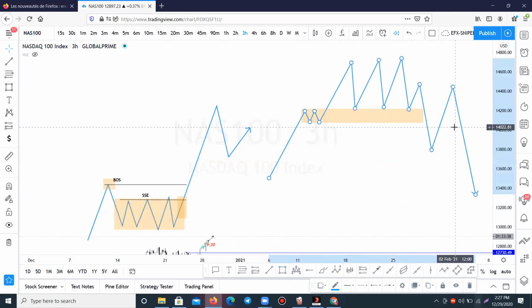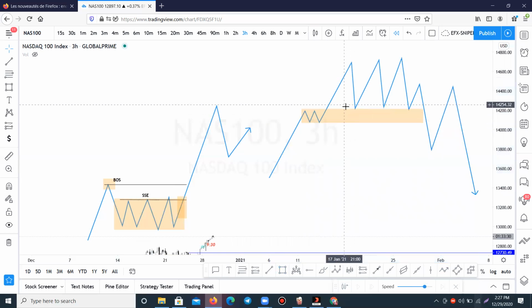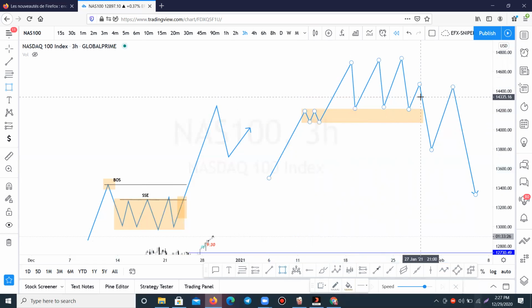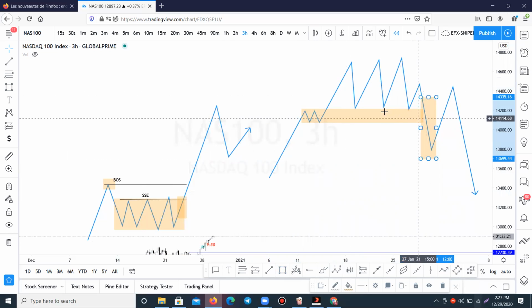In short, I consider the SDE as another sort of break of structure. So when SDE breaks this area, then this movement, the one we have here, the one that happened on this zone here, that is the one that engulfs this area. That is what we call a break, this one breaks this area.